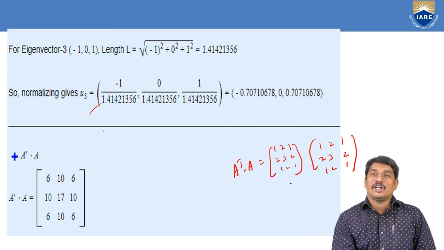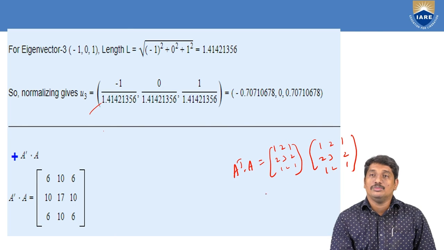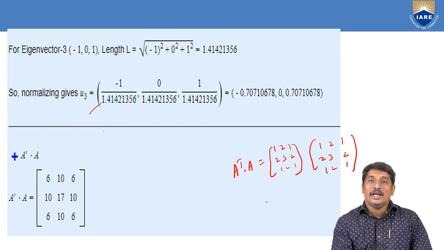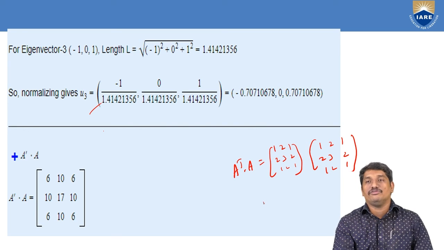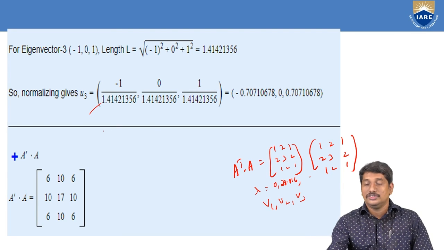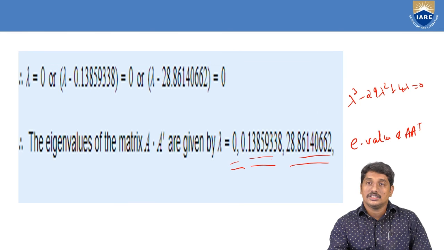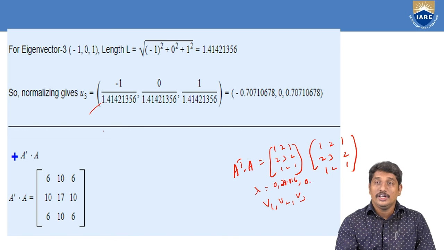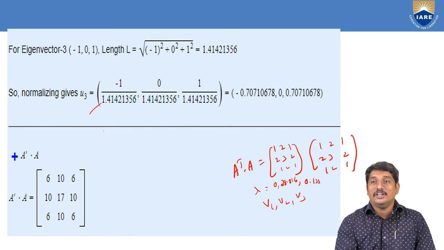Because it is symmetric, we observe both A and A transpose are the same, and hence we get the same characteristic equation, the same eigenvalues, and hence the same eigenvectors called v1, v2, v3. Eigenvalues are also the same. What are those? 0, 28.816, and the third eigenvalue, which I forgot, just let me recollect. Third eigenvalue 0.1385.